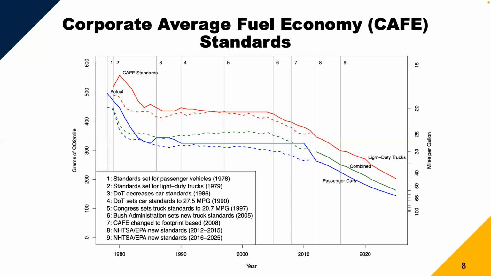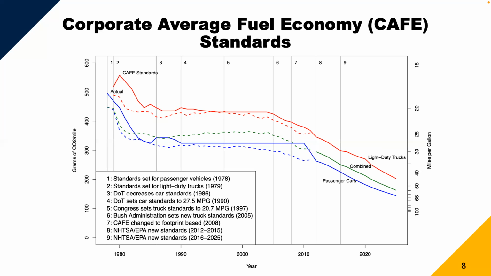This is that whole 1/x that we have talked about before. And then I have these little vertical lines here indicating anytime changes have been made to CAFE. So I haven't included more recent ones, but we'll talk about that later on.